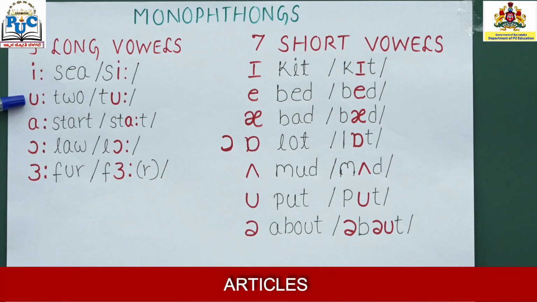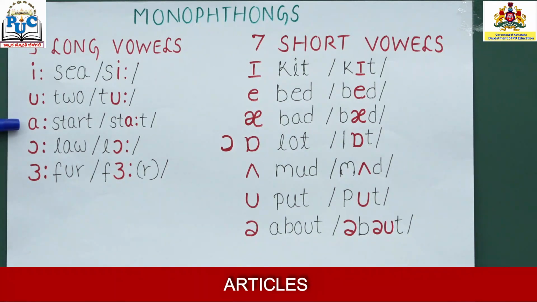This is not u, this is oo, as in two. You can see the symbol. And whenever we write the phonetic transcription, it should be between 2 slant lines.